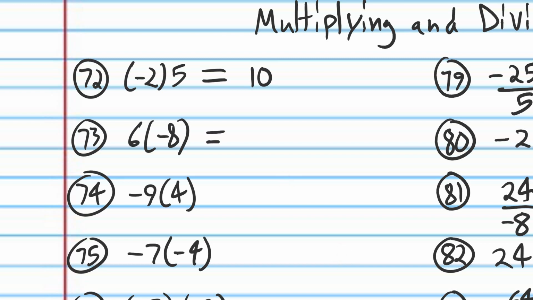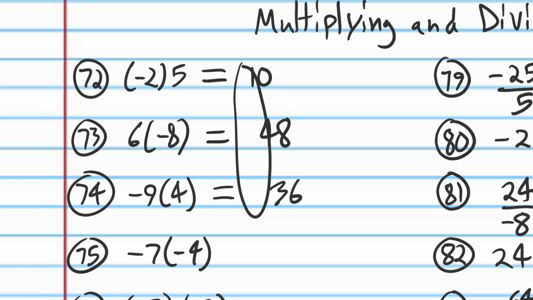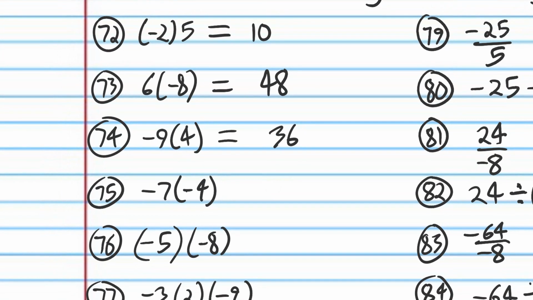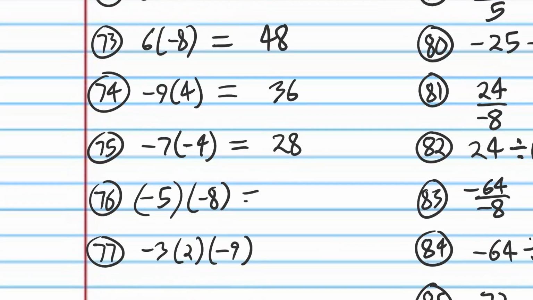And it's the same thing for this problem. 6 times 8 is 48. This problem is 9 times 4 is 36. All you have to do is figure out what the signs are. So multiplication and division, they're all really easy. 7 times 4 is 28, so on and so forth. 5 times 8 is 40. We just have to figure out what the signs are going to be.